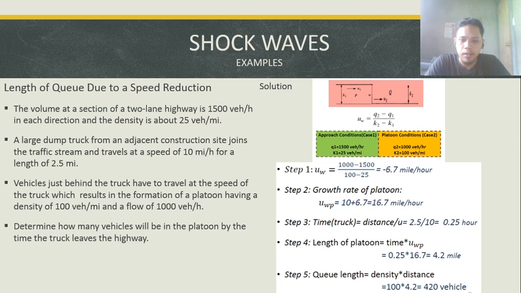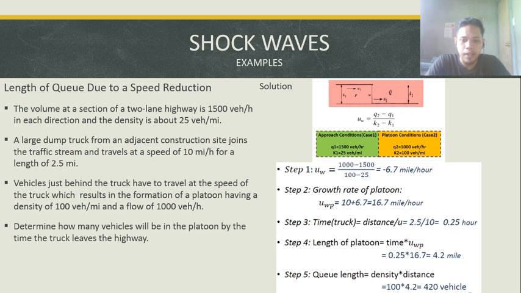Next, step 2 is the growth rate of the platoon: 10 miles per hour, which is from the second statement, plus the computed speed of the shock wave will equate to 16.7 miles per hour.